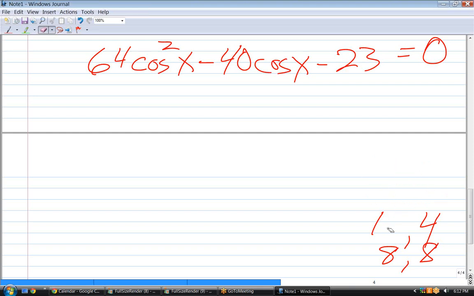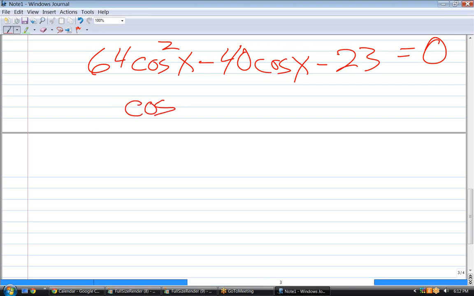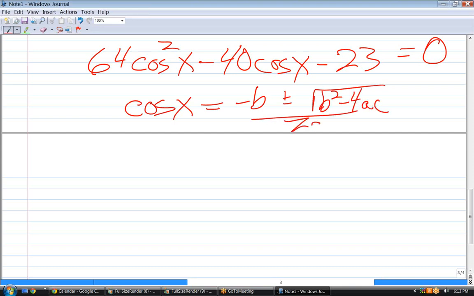So this might factor and I'm just not seeing it, but let's apply the quadratic formula because it's important to be able to know how to do that with quadratics that are not quadratics in x. So the quadratic formula would say not x equals, cosine of x equals minus b plus or minus the square root of b squared minus 4ac, all over 2a.